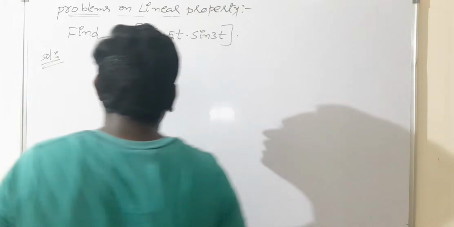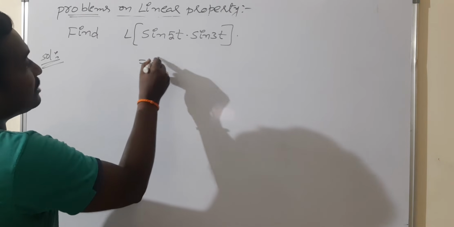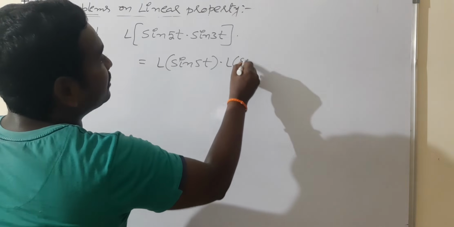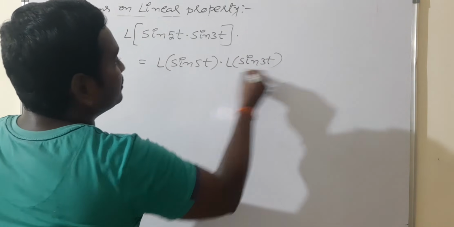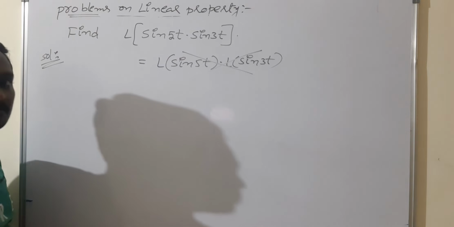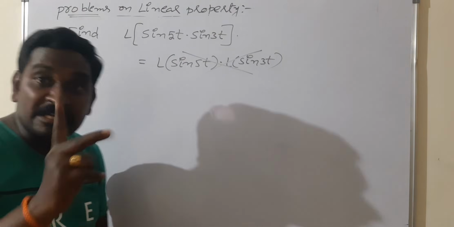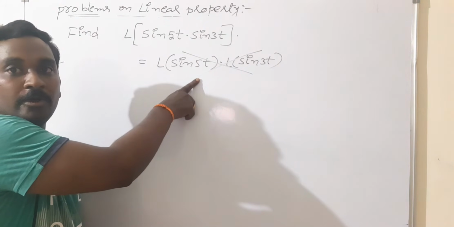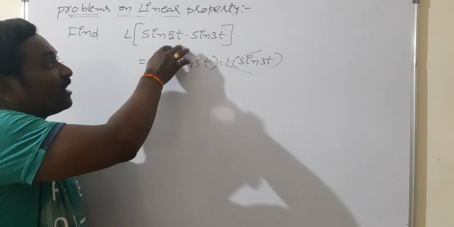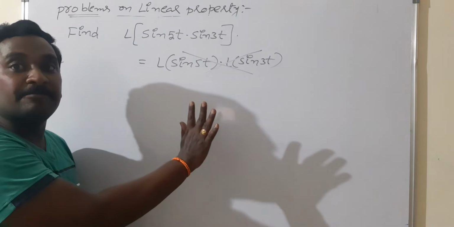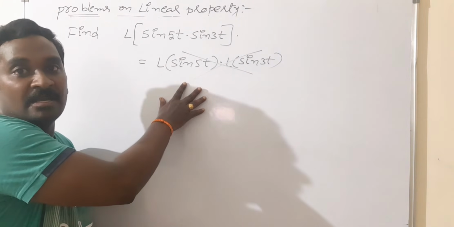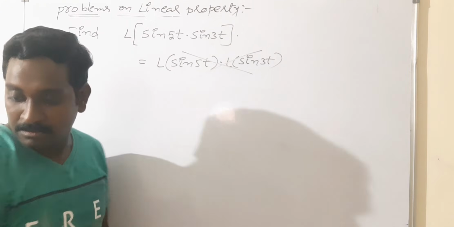Still, some of the members write this is equal to L of sin 5t into L of sin 3t. This is not correct. Whenever two terms are in product, don't split the terms in this way. If two functions are in addition or subtraction, then only we can split the terms. Don't forget this one. This is a very important thing.